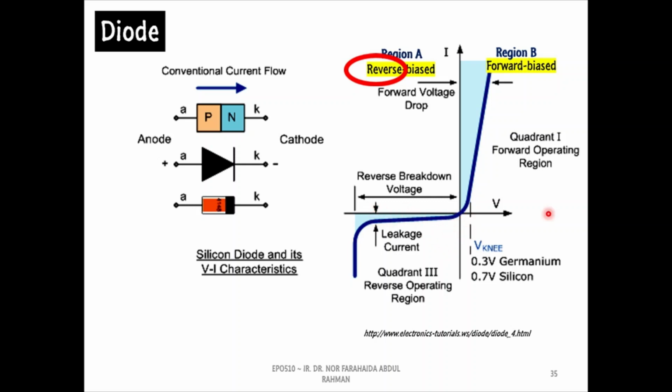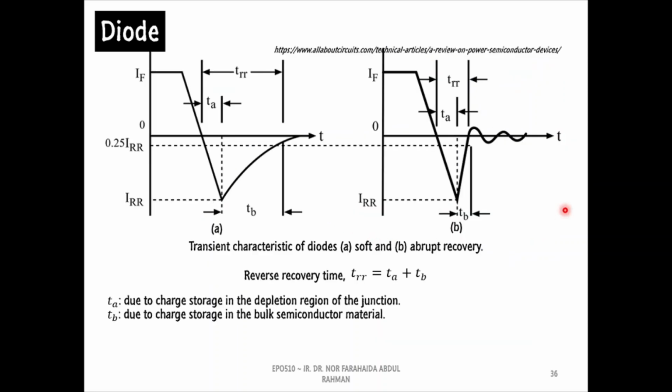This characteristic is valid as long as the block voltage does not exceed the reverse breakdown voltage level. These figures show the transient characteristics of diodes. It is referring to a condition when the diodes are switching from on state to off state.